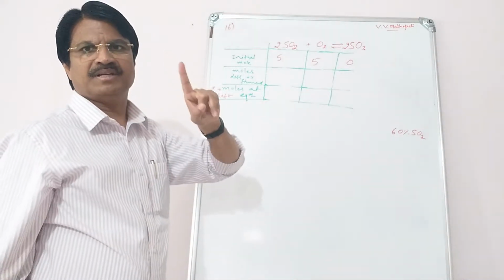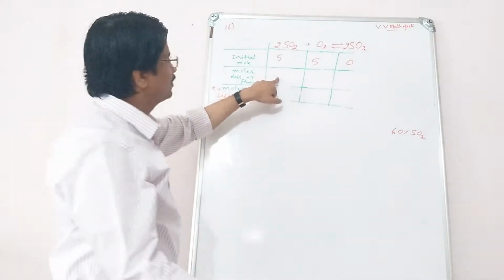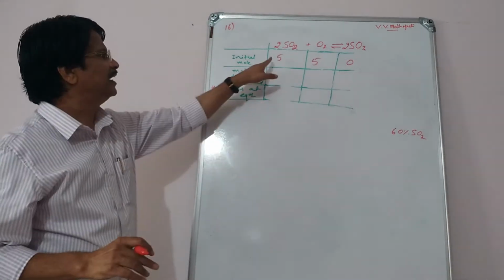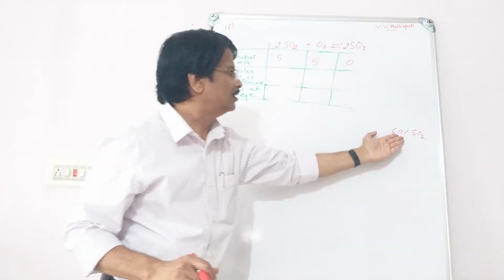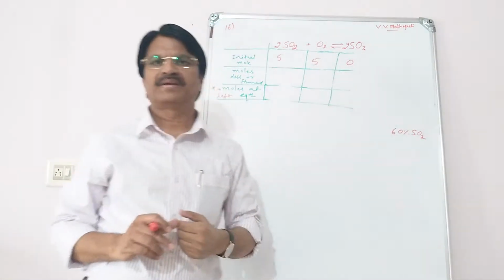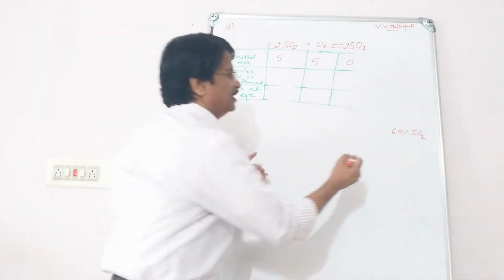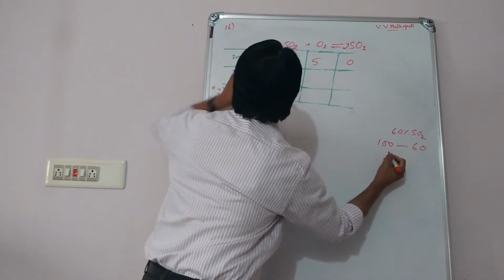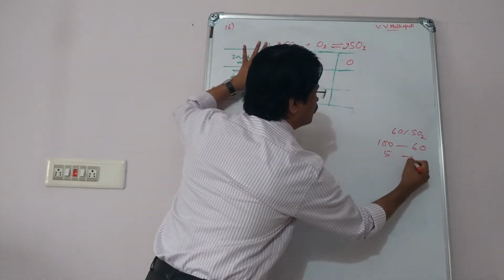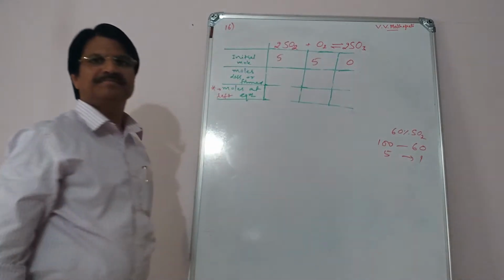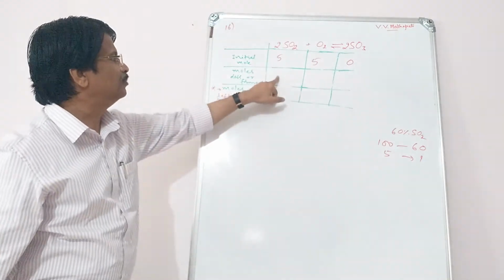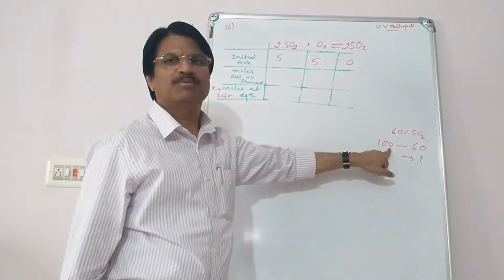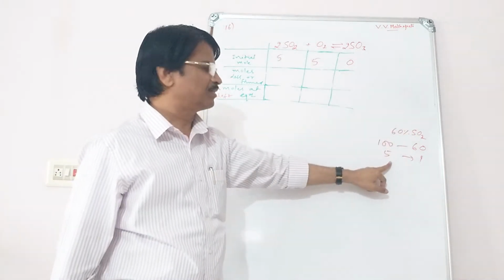In the vessel we added 5 mole, but they gave the value out of 100 mole, 60 dissociated. Out of 5 mole, how many reacted?